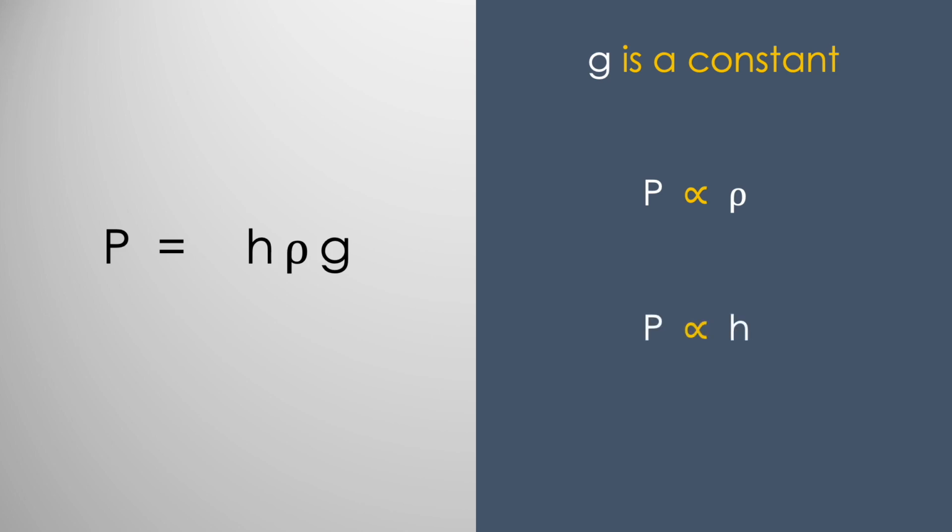In other words, the liquid pressure is directly proportional to the depth of the liquid column. Next, the equation P equals h rho g does not consist of the area A. So we can also conclude that liquid pressure does not depend on the container's cross-sectional area.